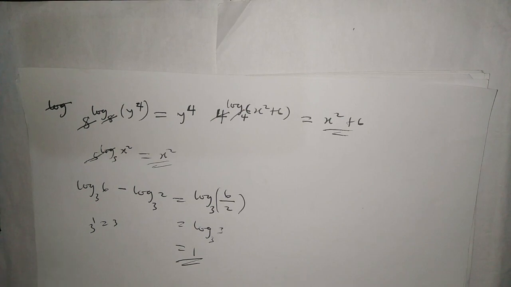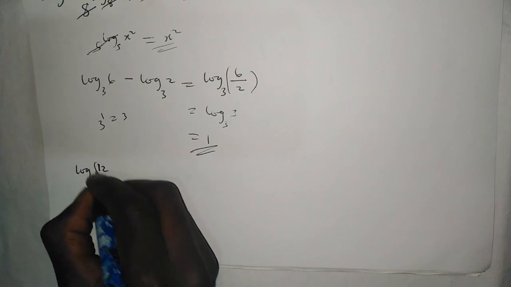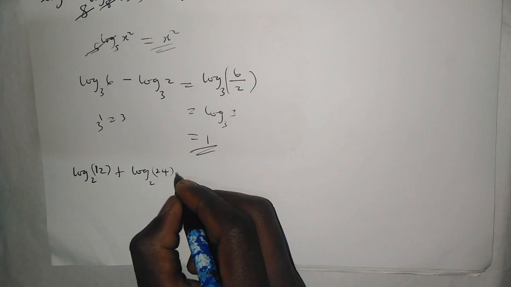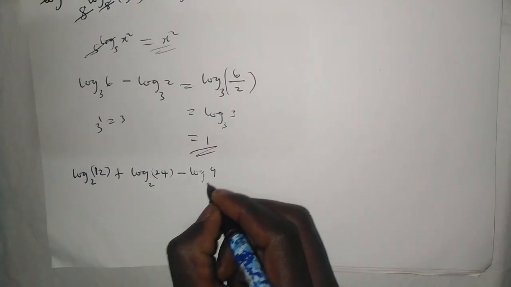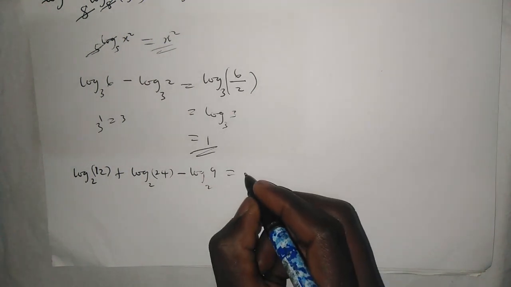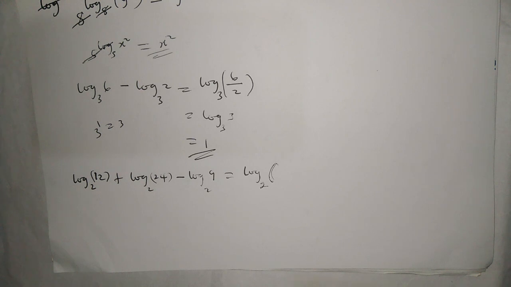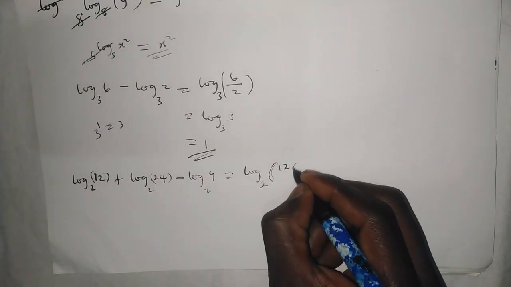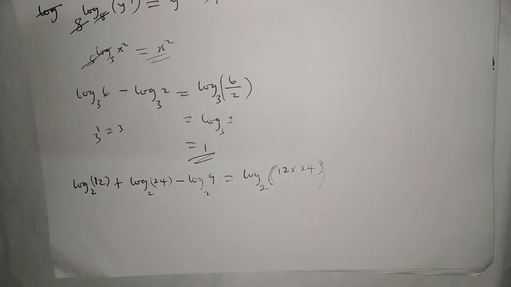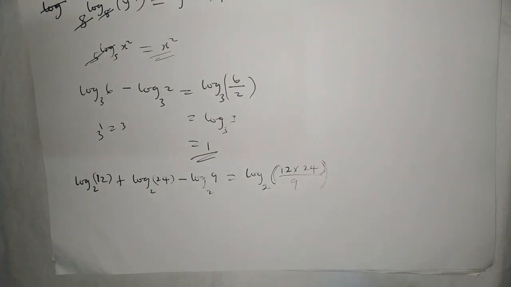So what if you are given log 12 base 2 plus log 24 base 2 minus log 9 base 2? To simplify this log, we know that all the ones with positive in front will go up, and the ones with negative will go to the bottom of the fraction. So we have 12 times 24 over 9.